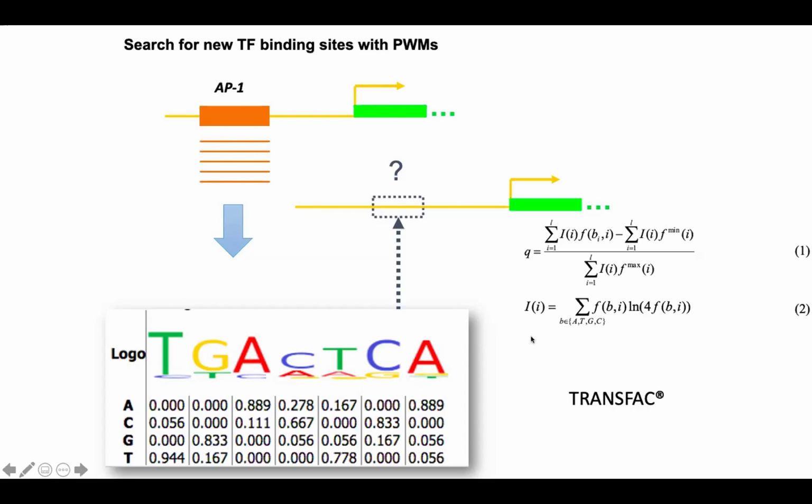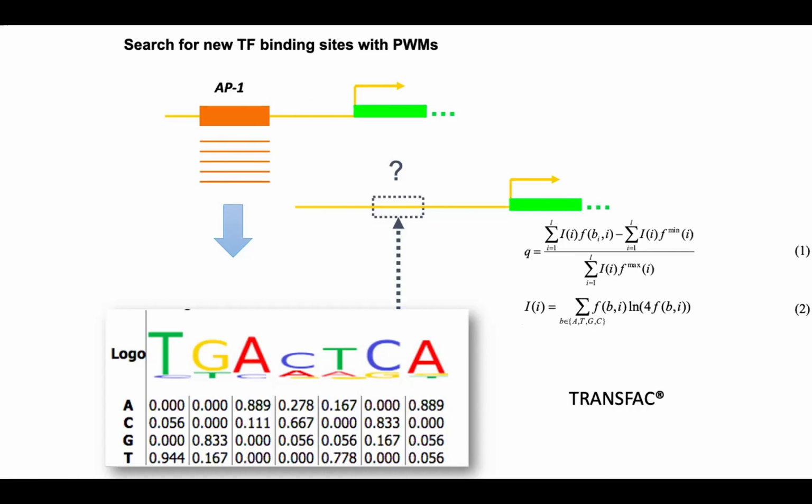That's a special method, sort of unique in the MATCH software, which is associated with TRANSFAC. There are other methods which can calculate this score, used by other software, but using this information content is somewhat special for MATCH software, and maybe a few others, but not really widely accepted.